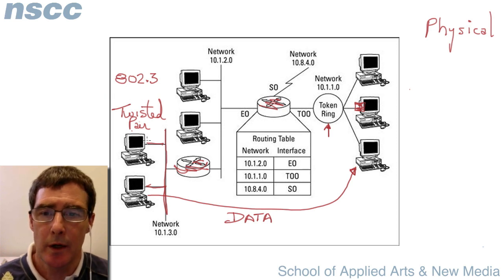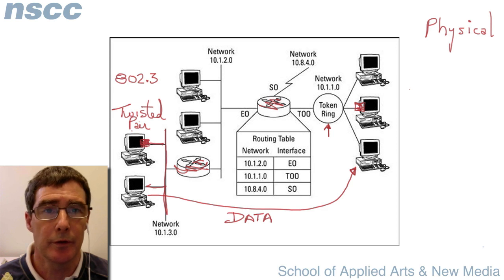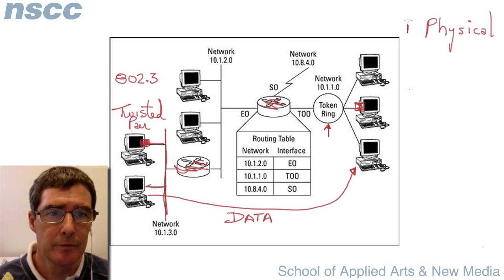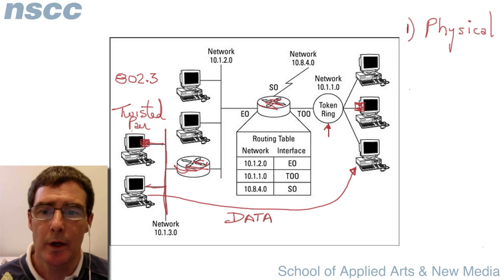So a network card that's in a PC over here is different because it's going to convert the electrical signals that this network uses, which is different than token ring, into ones and zeros. And so it's very important at the physical layer, layer 1, that your network card properly interpret the electrical signals that are on the network. You could not take a network card from here and put it into a PC here and expect it to work.